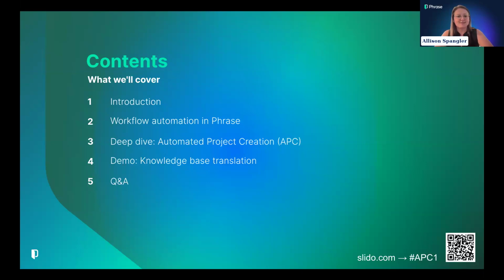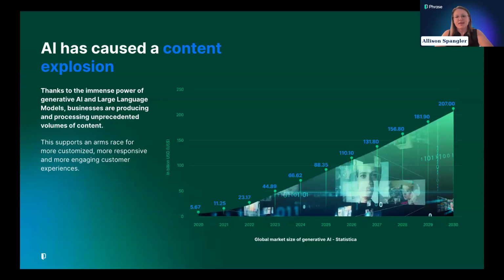So let's get started. I want to set the scene and talk a little bit about what's going on with content at the moment and why we're here, really. So thanks to the incredible power of generative AI and large language models, businesses are producing and processing unprecedented volumes of content.